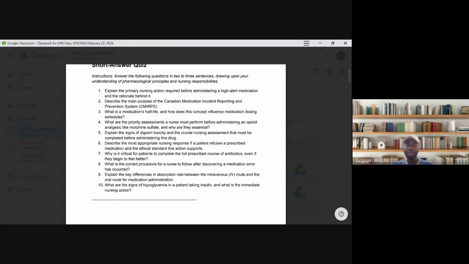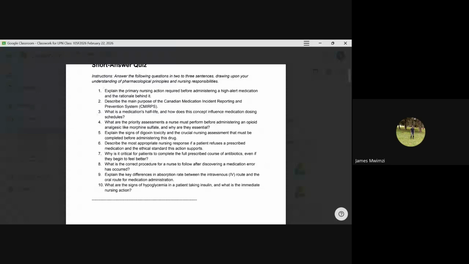So question 5, you have explained the signs of digoxin toxicity and the crucial nursing assessment that must be completed before administering this drug. What did we say was a prominent sign of digoxin toxicity?